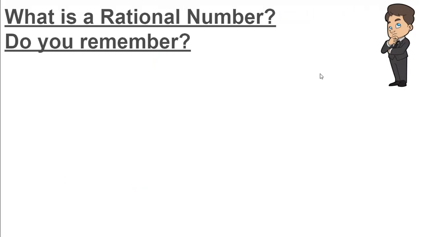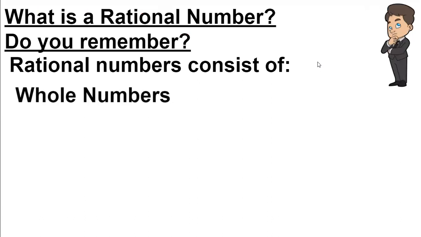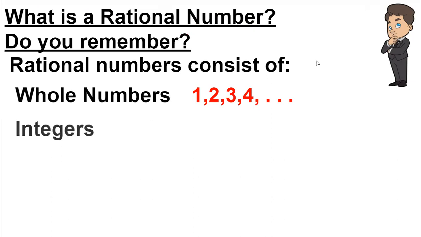What is a rational number? Do you remember? Rational numbers consist of whole numbers, right? Those are the positive counting numbers, 1, 2, 3, 4, 5, 6, 7, etc. And they also consist of integers.